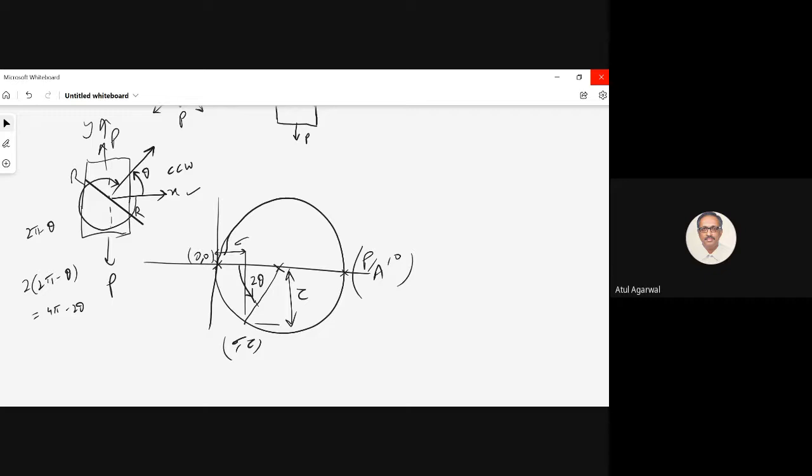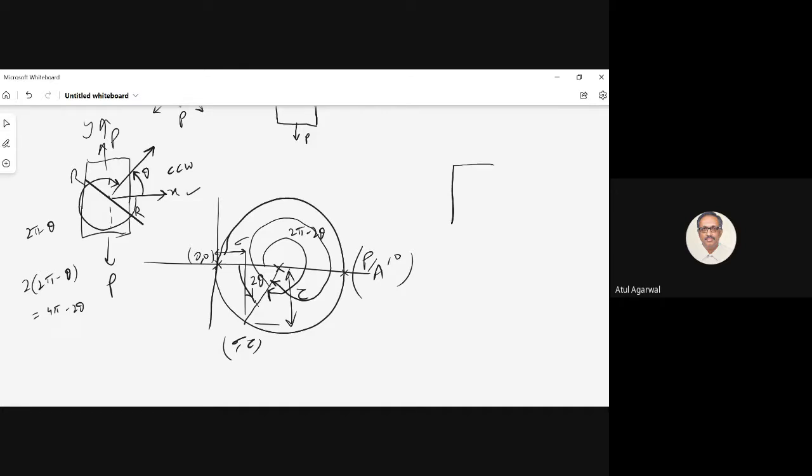Now, if this is 2 theta, what is this angle? You're turning clockwise, 2 pi minus 2 theta. So if you are going 4 pi minus 2 theta, you are just going full circle again. So it depends how you are going; if you are going counterclockwise or clockwise, it will not make any change. Your results will be the same.